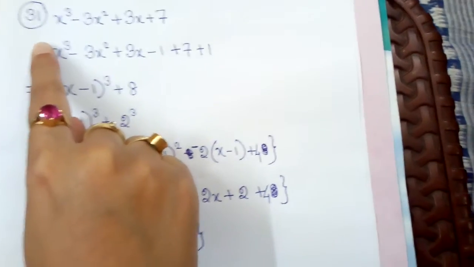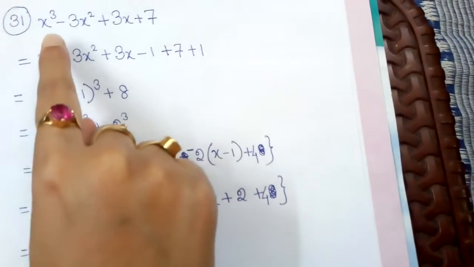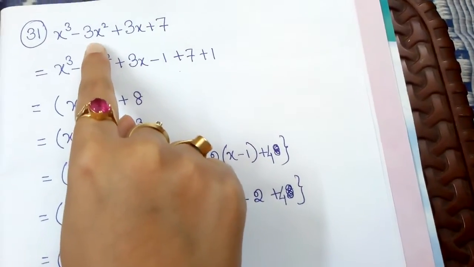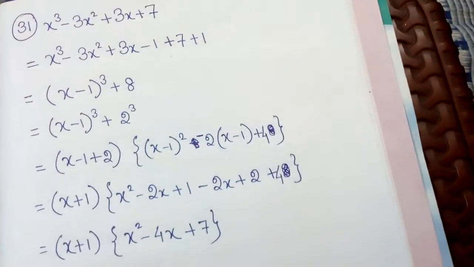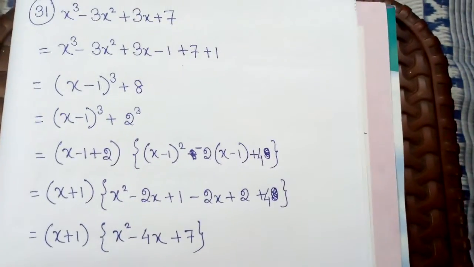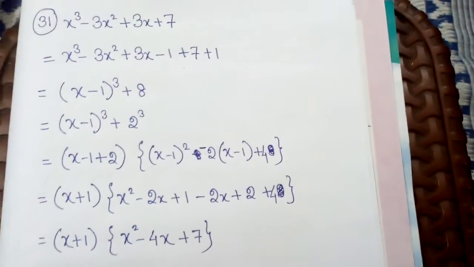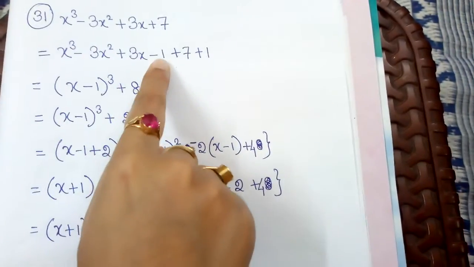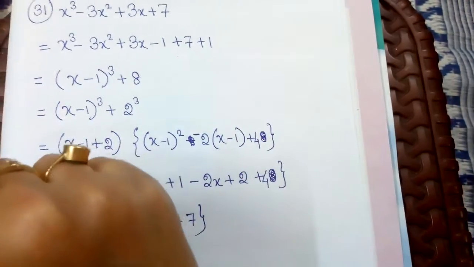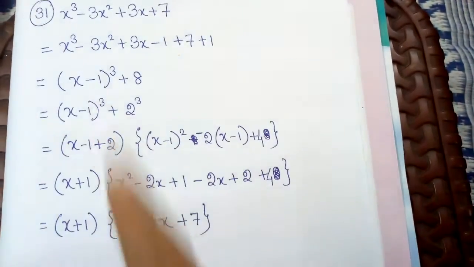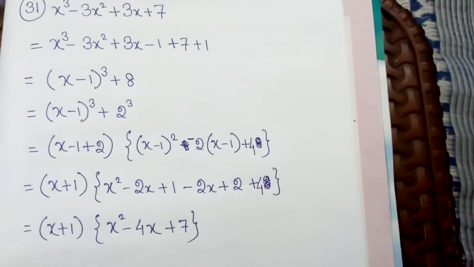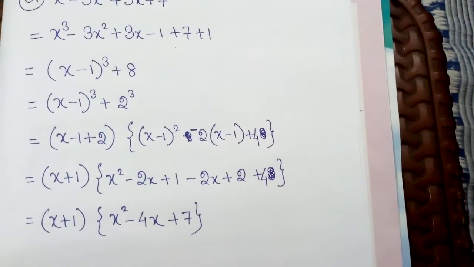Now the question 31 is x cube minus 3x square plus 3x plus 7. So what I am doing over here, I am just adding and subtracting 1 so that I can express it in the form of cubes.